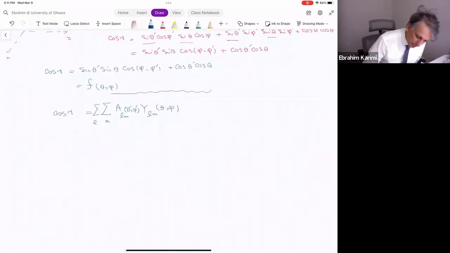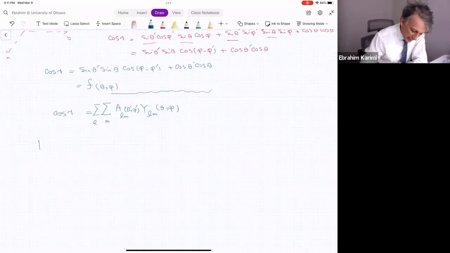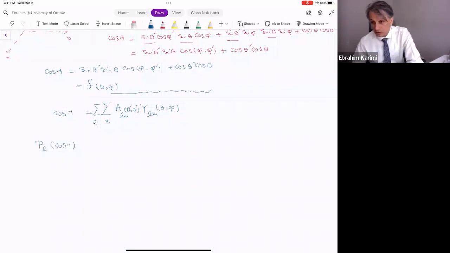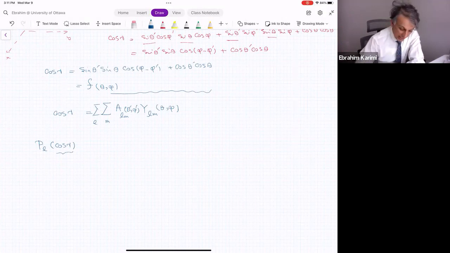The addition theorem goes beyond this and says that if you have any Legendre polynomial, Legendre, not associated Legendre, Legendre polynomial of cosine of gamma, then these also can be expanded in terms of Y_LM of theta and phi.